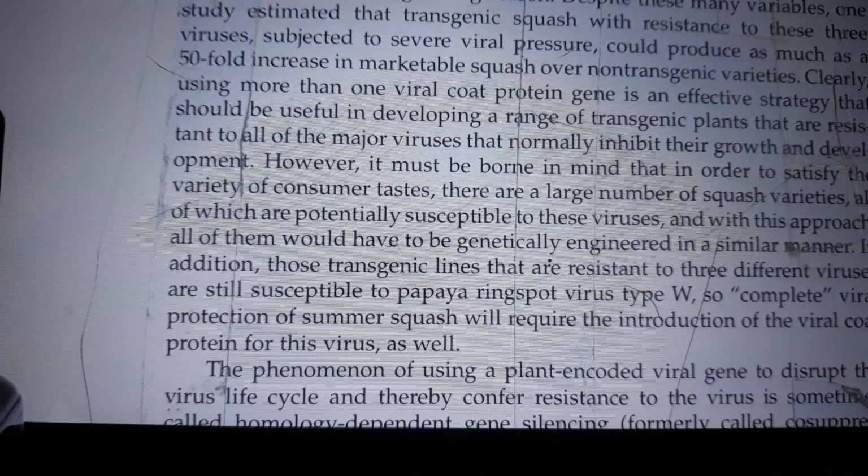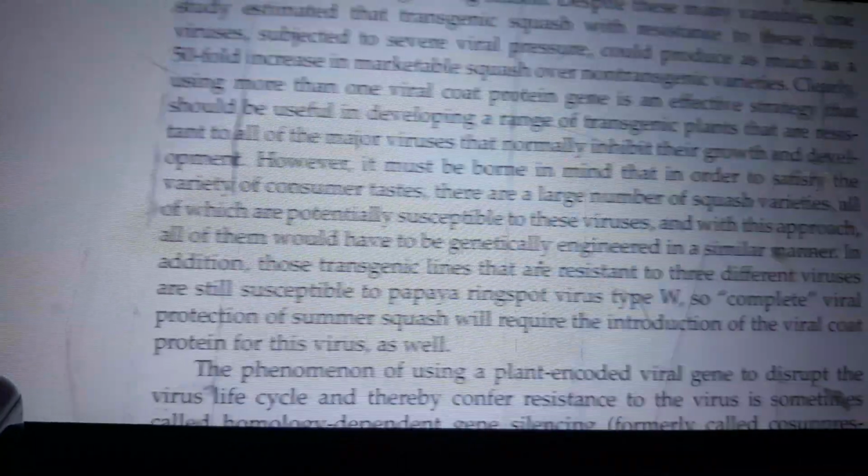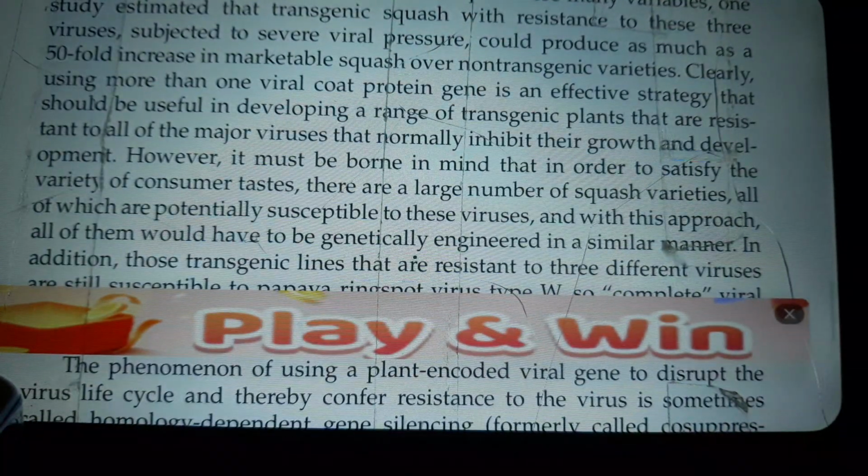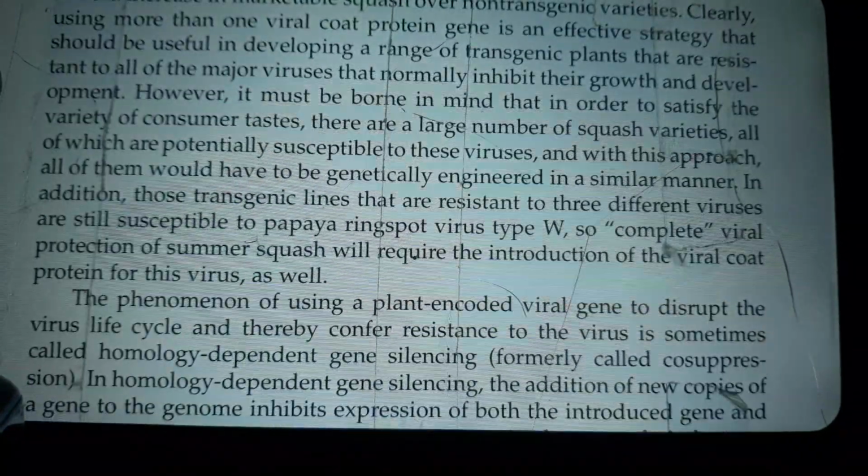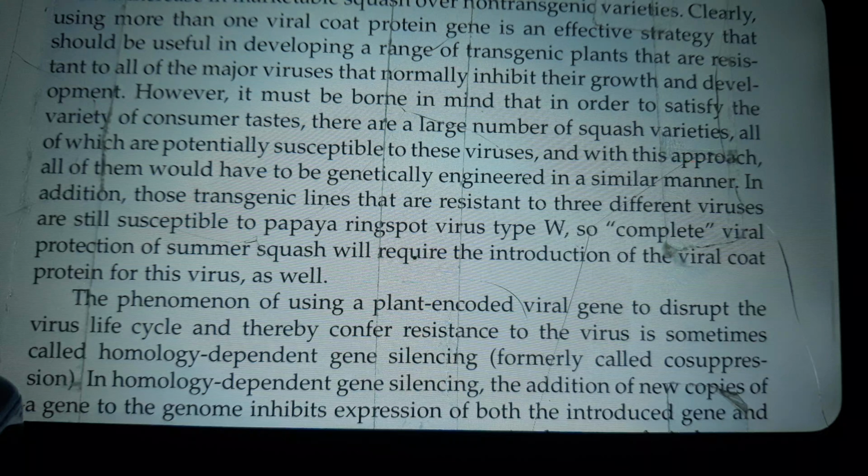Clearly, using more than one viral coat protein gene is an effective strategy that should be useful in developing a range of transgenic plants that are resistant to all of the major viruses that normally inhibit their growth and development.